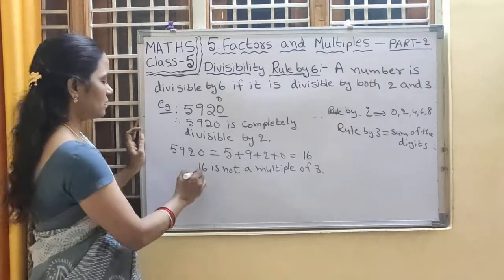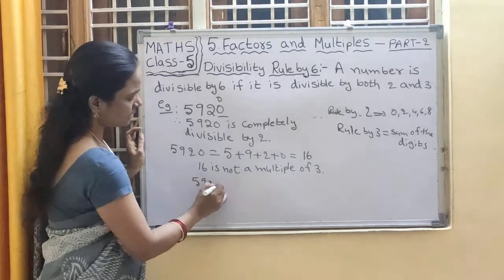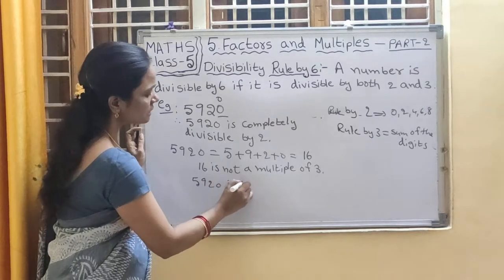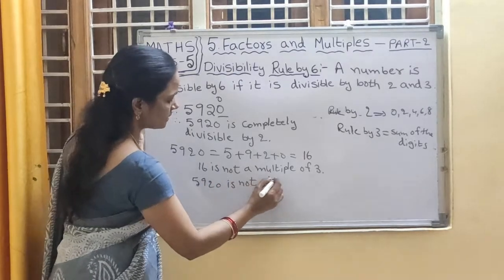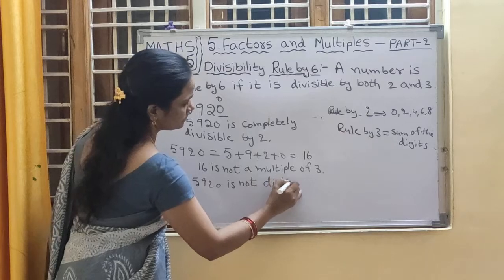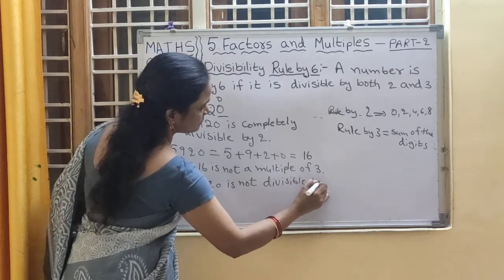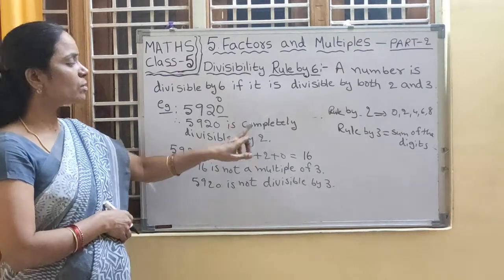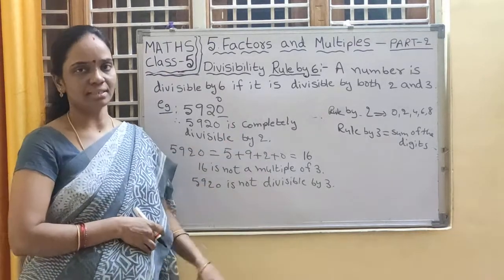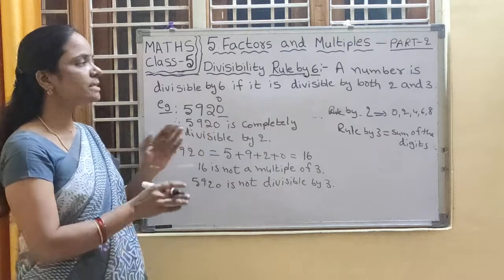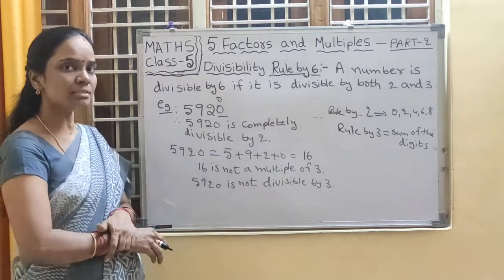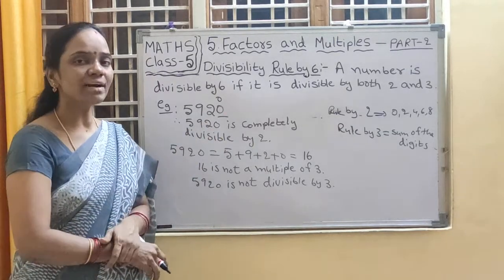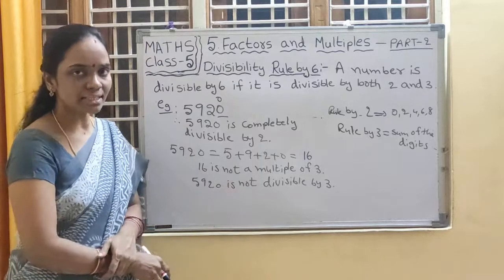So 5,920 is not divisible by 3. Okay. So this is divisible by 2 but not divisible by 3. So finally the given number is not divisible by 6 because 2 and 3 are not both dividing. 2 is dividing but 3 is not dividing.